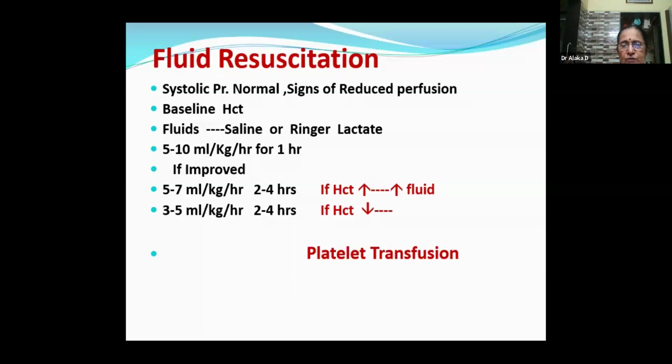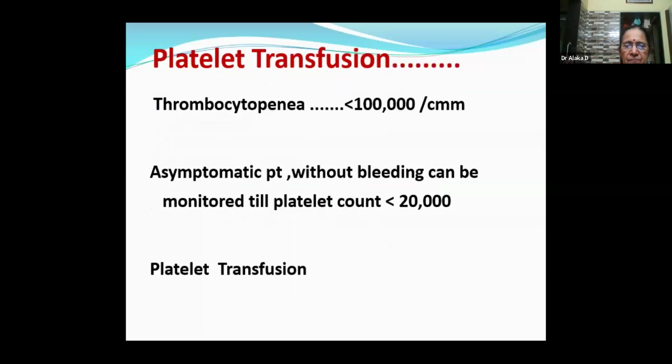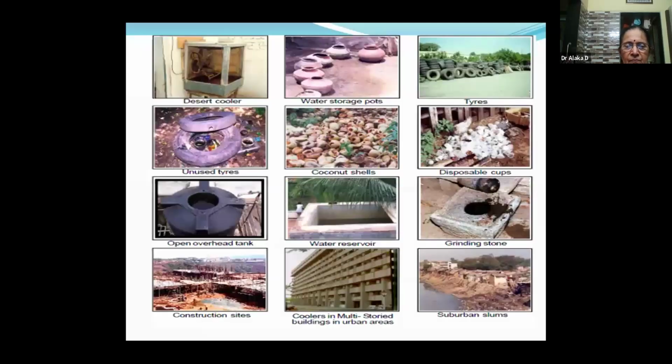Till then, there is no rush, there is no hurry, but you must monitor the platelets and hematocrit at least on alternate days. Thrombocytopenia less than 1 lakh: an asymptomatic patient without bleeding can be monitored till the platelet count is less than 20,000. And when it is less than 20,000, please give the platelet transfusion.